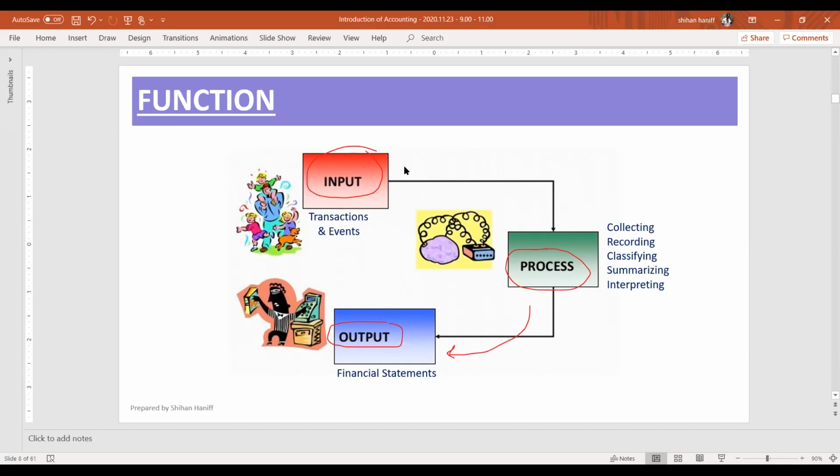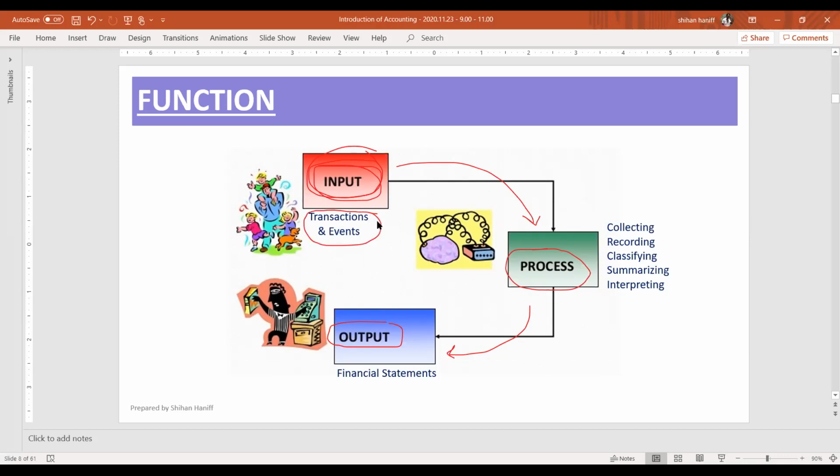Similarly, accounting also has an input, a process, and an output. There can be a question: what is the input of accounting? The input of accounting is transactions and events.